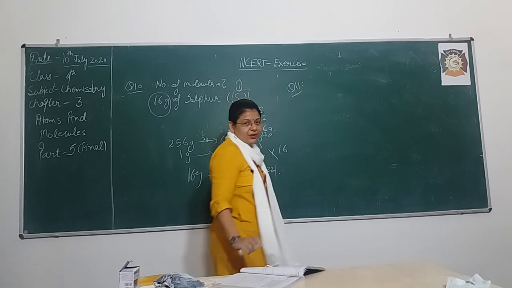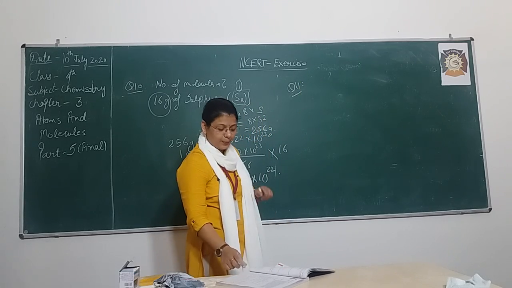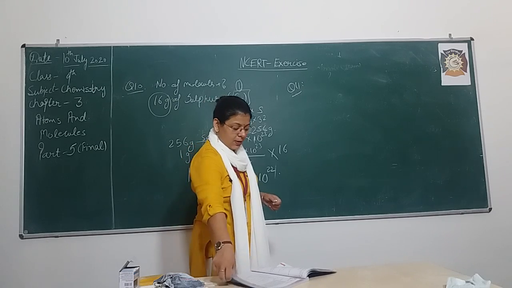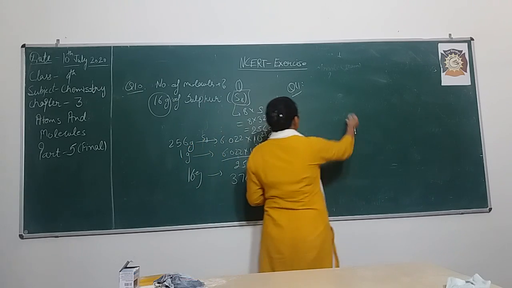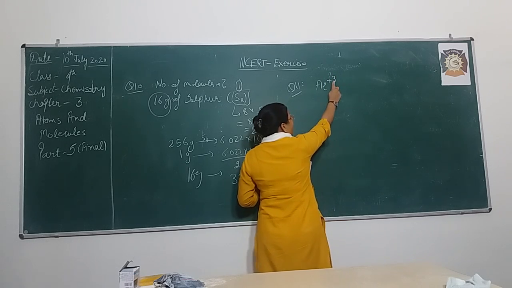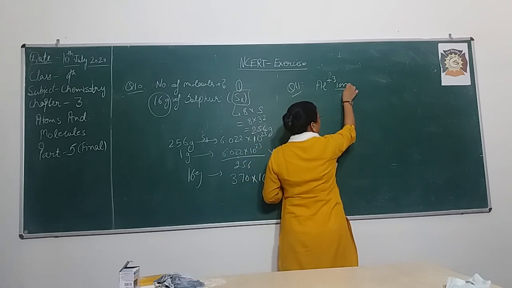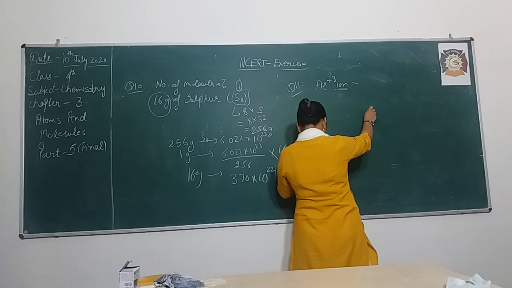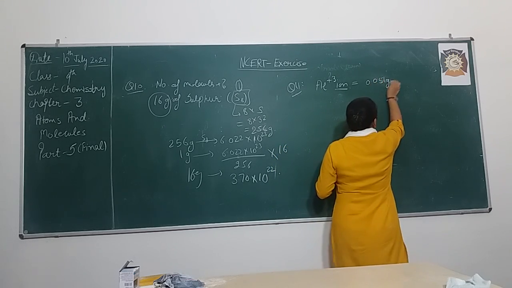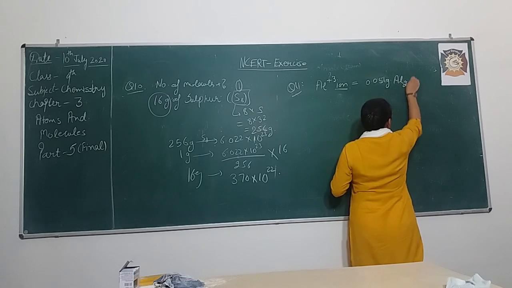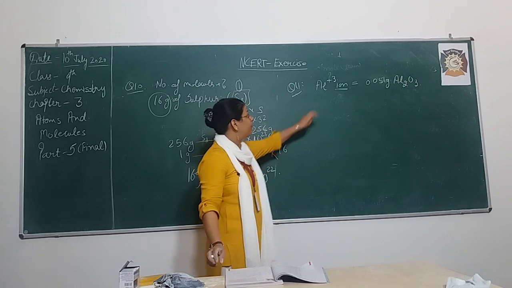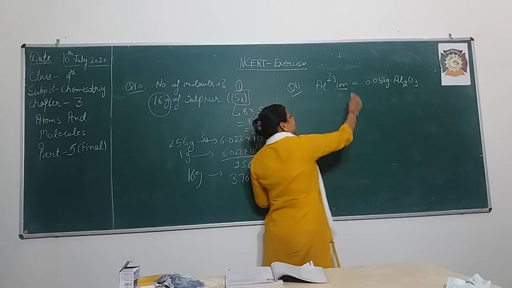Question number 11, a very important question of this chapter. Calculate the number of aluminium ions present in 0.051 grams of aluminium oxide, that is Al2O3.